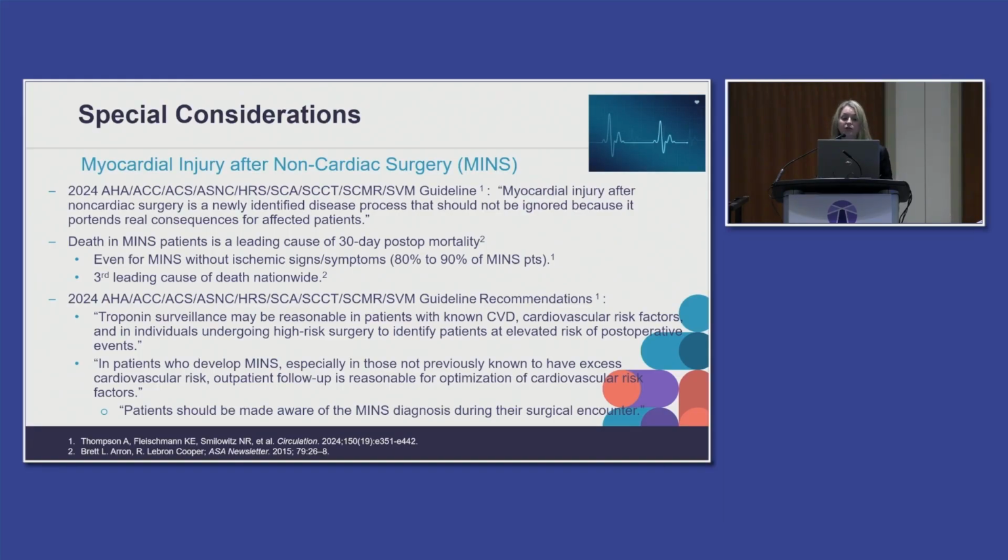And then in patients who develop MINS postoperatively, especially in those not previously known to have excess cardiovascular risk, outpatient follow-up is reasonable but should occur for optimization of cardiovascular risk factors. And then they specifically say patients should be made aware of their MINS diagnosis during their surgical encounter.